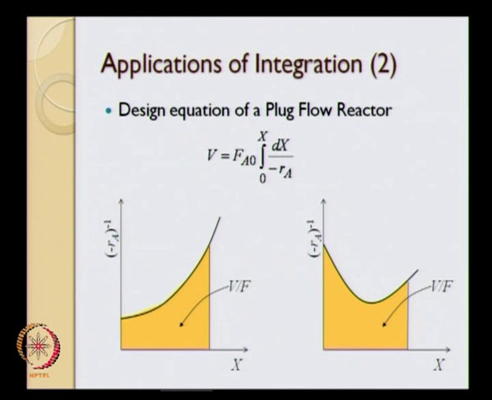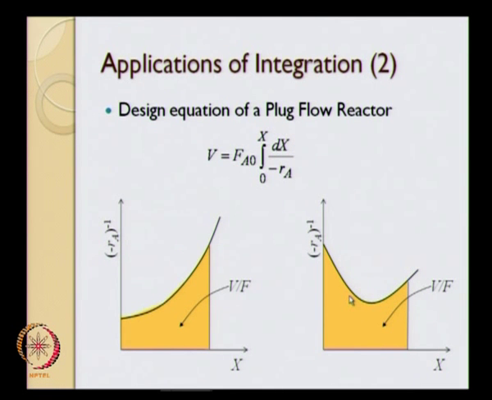In this particular case, we plot 1 divided by RA on the y axis and the conversion x on the x axis, and this is the curve that we get. The area under the curve is nothing but the volume of the CSTR that is going to be required, V by F for that CSTR. So this is the curve we get for a first order reaction kinetics, for example, and this is the curve that we will get for biological reactors.